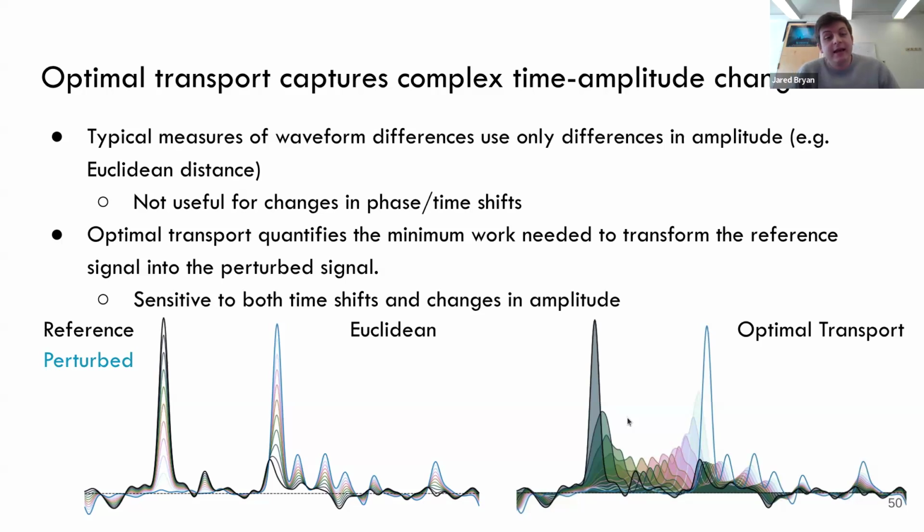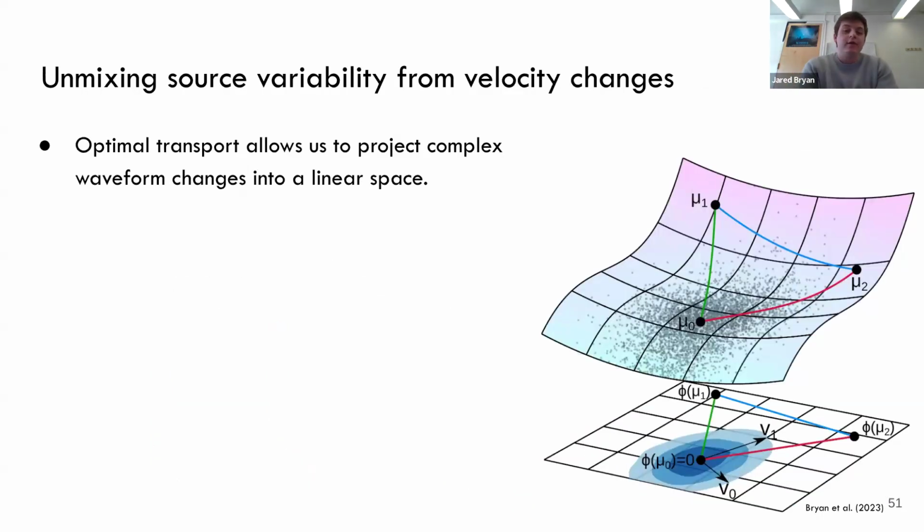So that's one thing. But the other nice thing that you get with using this optimal transport method for comparing the differences between these signals, and it's a technical point, but we make use of it, so it's an important point, is that in measuring the distance between two signals, you're choosing a metric.